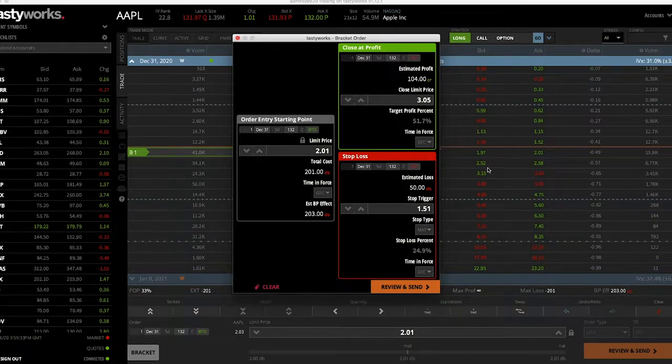So keep it at GTC for all areas. So that covers close at profit, that covers your cost base for the trade, and you have a nice little summary at the top of the order entry with the expiry date, the strike price, and the type of contract, call or put, and you've got days till expiration there, 5 days. So really handy, really clean, and really easy to understand.